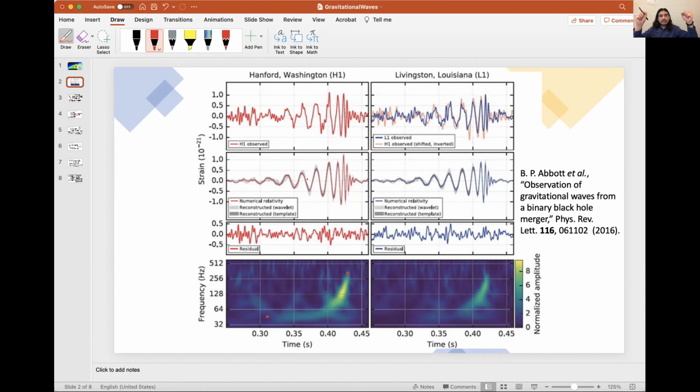But then in a very tiny amount of time, about a tenth of a second, going from here to here, right? It's about a tenth of a second.